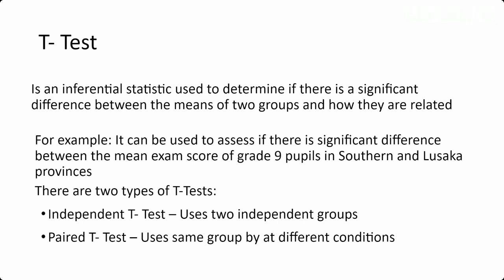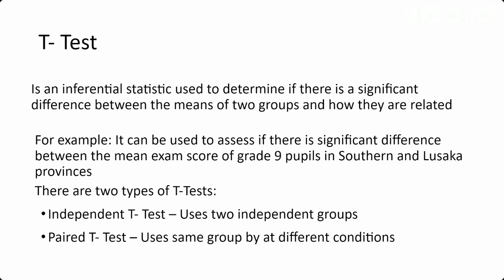And then if we test maybe a classroom, the same class, maybe after doing physical exercises, how fast they can write a particular test, how fast their brains are running.